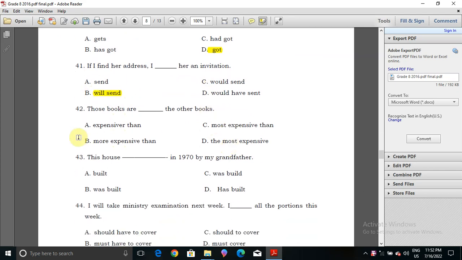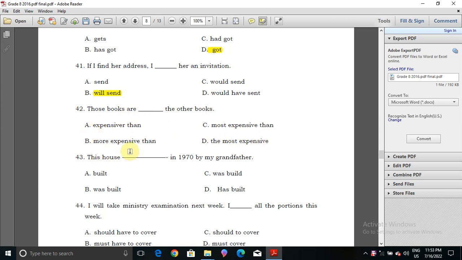Now question number 42: those books are dash the other books. Now we are comparing between two things, right? Those books are more expensive than the other books, or those books are expensive than the other books, or those books are most expensive than the other books, or the most expensive. Actually, the correct answer is that we can compare between two things.